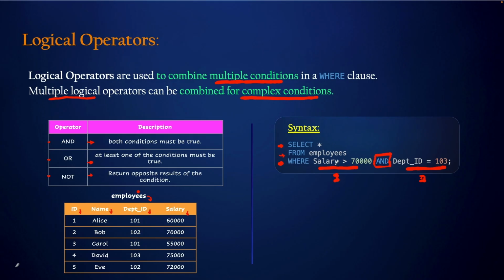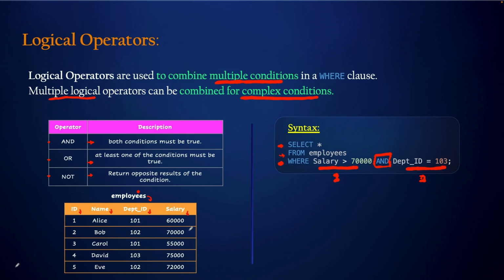So here we are saying that both conditions need to be true. So first thing, you need a salary which is greater than 70, and after that you are saying department ID equals 103. Let's see where is that record.